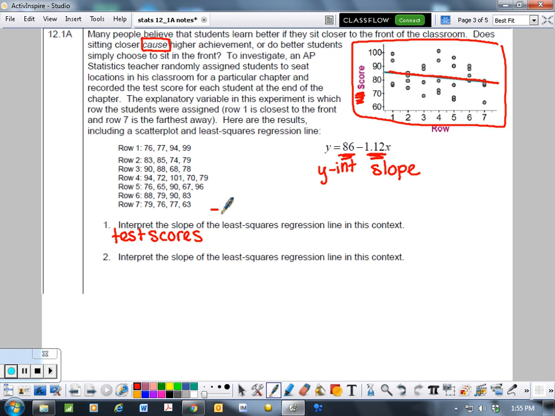Because my slope is a negative 1.12, that means my test scores are going down. So test scores drop 1.12 points for every row back a student sits.